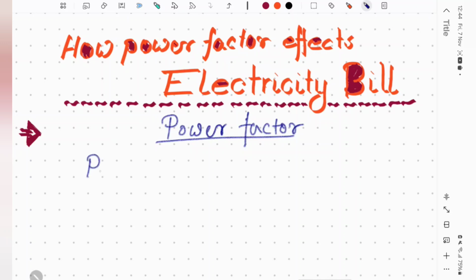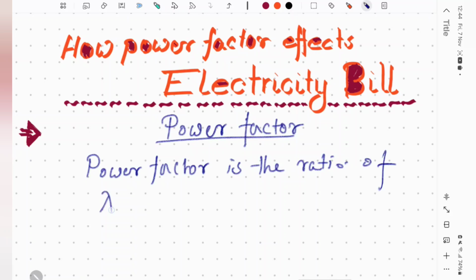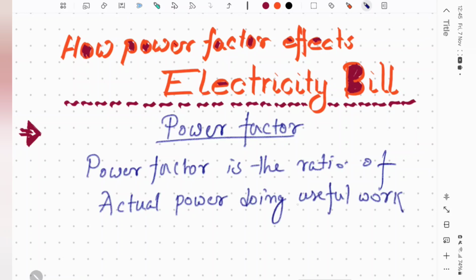Power factor is the ratio of actual power doing useful work to the total power.